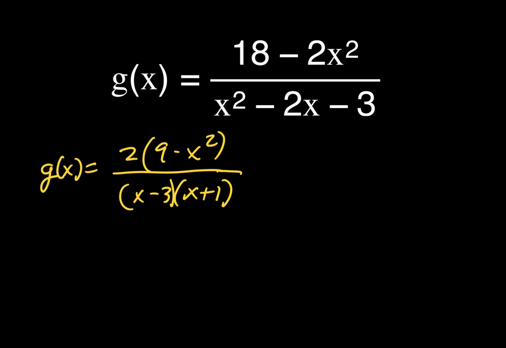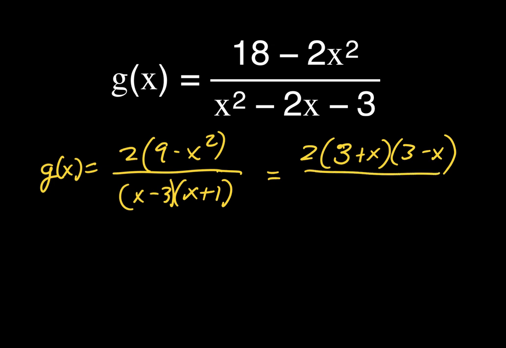But my numerator is not completely factored because the numerator is a special type of quadratic. That's a difference of squares. That means the numerator would factor into 3 plus x and 3 minus x. In the denominator, I have x minus 3. I have x plus 1.